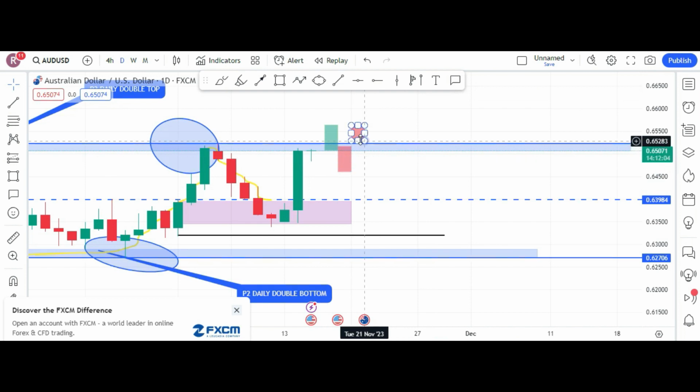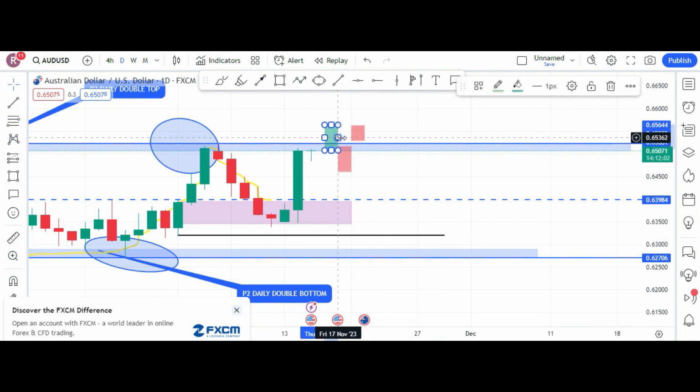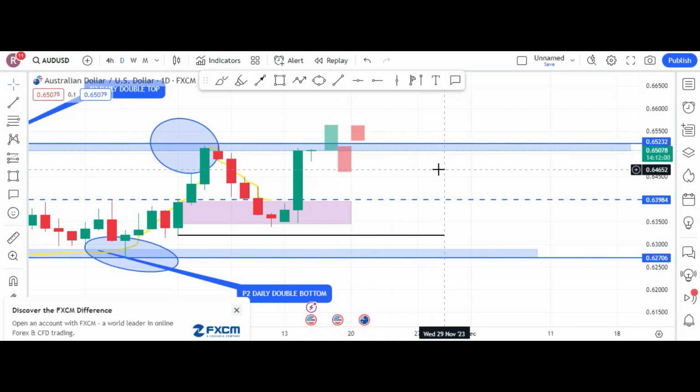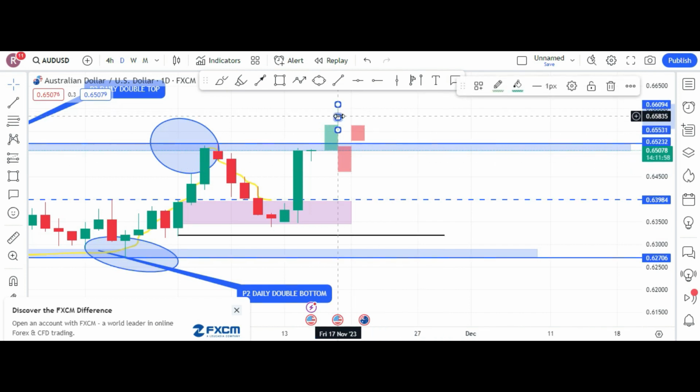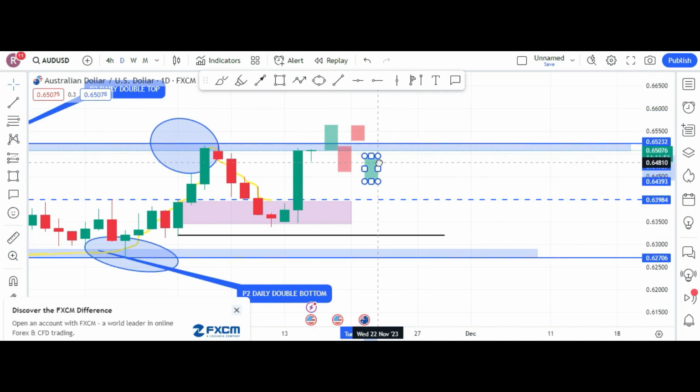And again, sorry guys, we have a green candle, then a red candle here, again a green candle somewhere here.